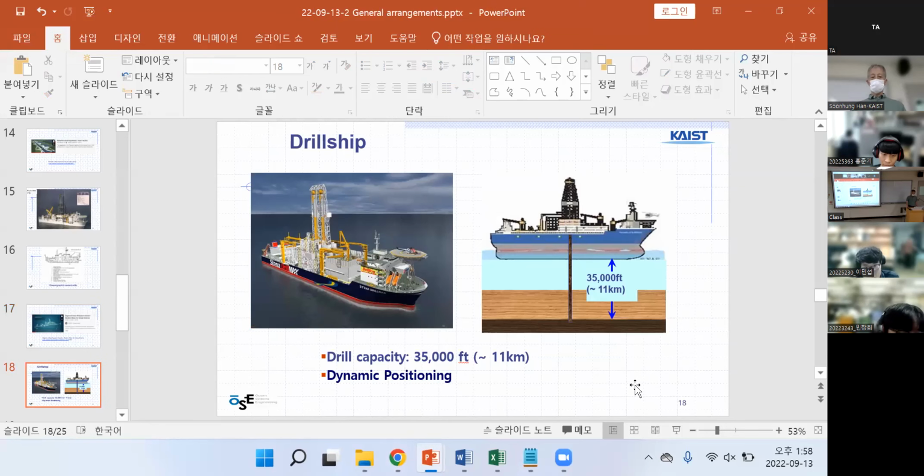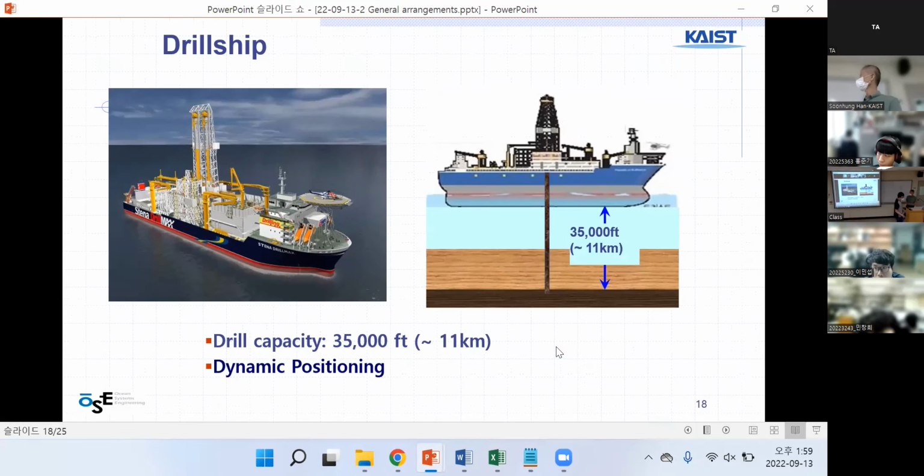Slide. This is a drill ship again. This is a capacity of 11 kilometers depth. From a ship, there is a water depth and also the soil depth.